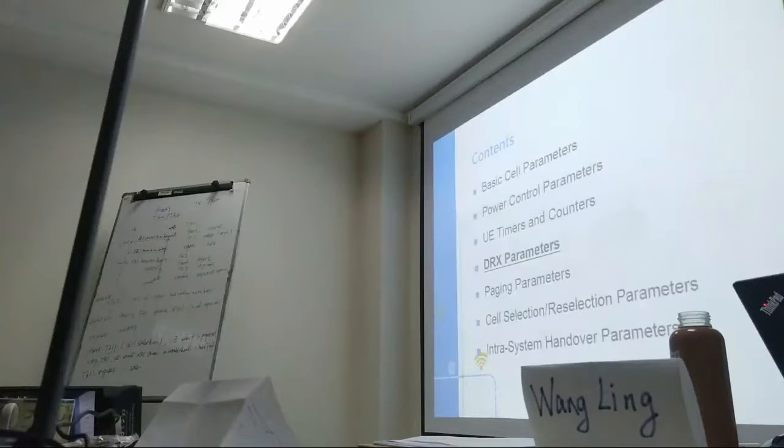Connected state DRX is like this: if the UE is in connected state, that means the UE may receive data at any time, right? So it should always monitor the PDCCH. But in this condition, even if there is no data, the UE still has to monitor it. It will waste power.